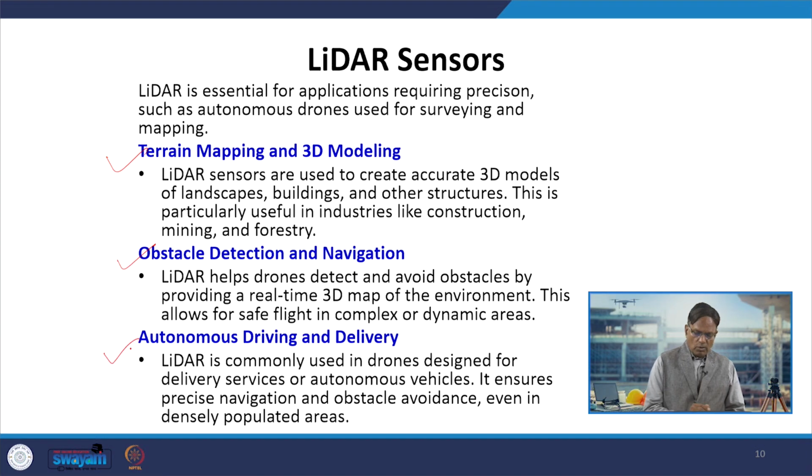Then it could be autonomous driving and delivery. LiDAR is commonly used in drones designed for delivery services and autonomous vehicles, and it ensures very precise navigation with the help of those very accurate coordinates, and is useful for obstacle avoidance even in densely populated areas. So these are the greatest advantages of using the LiDAR sensor.